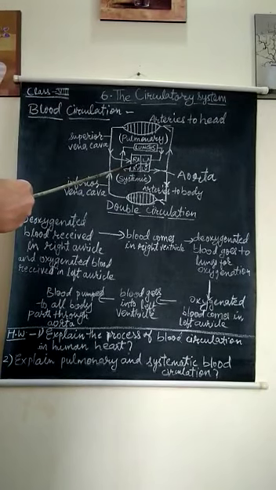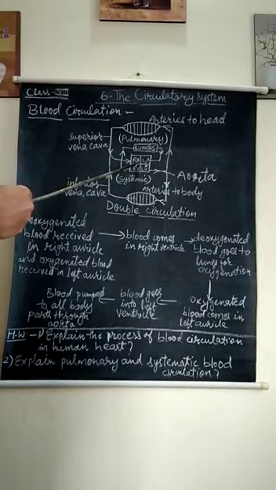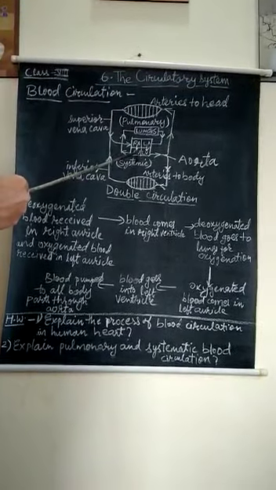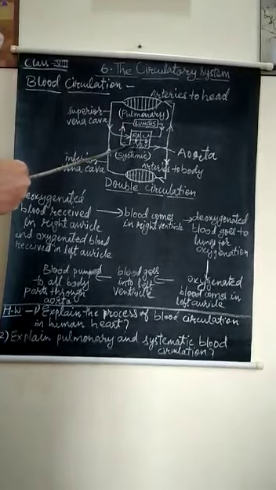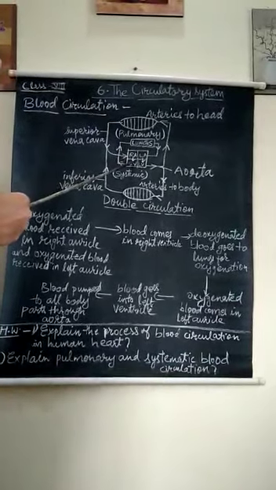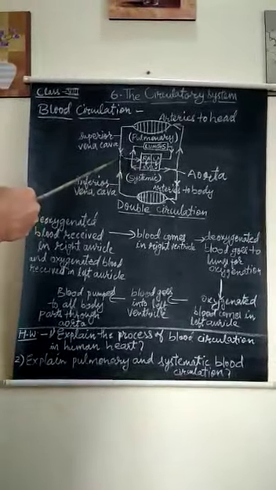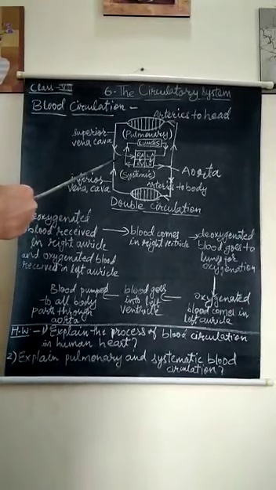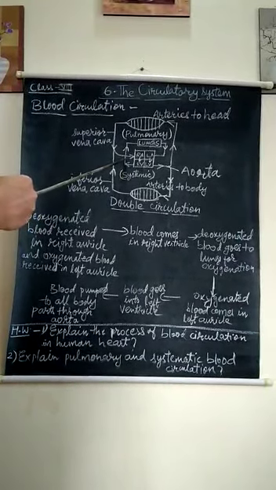Then the right ventricle begins to contract. This right ventricle will contract so that the deoxygenated blood can go to the lungs through the pulmonary artery.